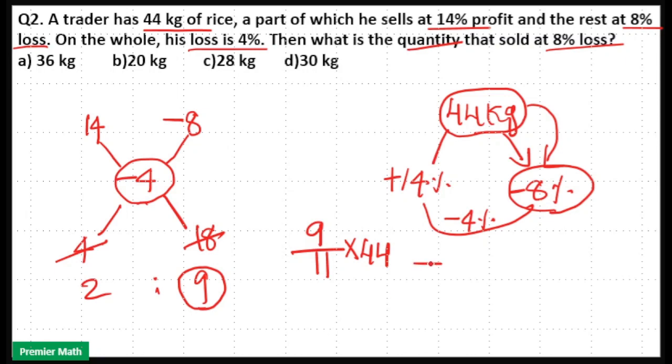So that means your answer is 11 4s are 44, 9 into 4 is equal to 36 kilogram. So option A is your answer. So 36 kilogram out of 44 kilogram he sold at 8% loss and 8 kilogram he sold at 14% profit.